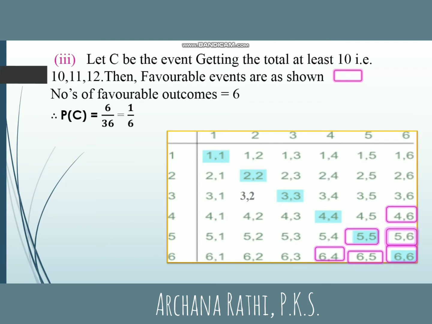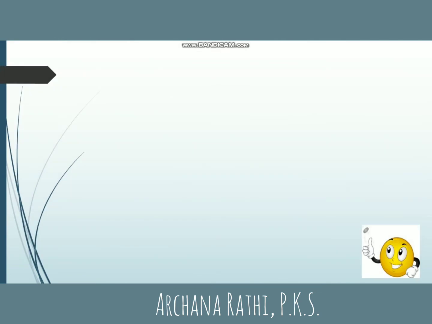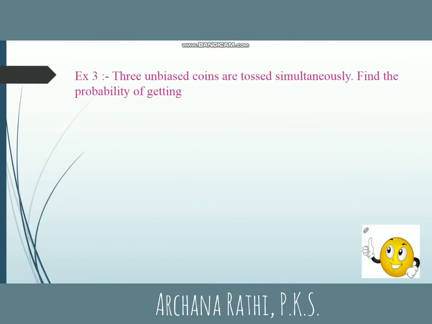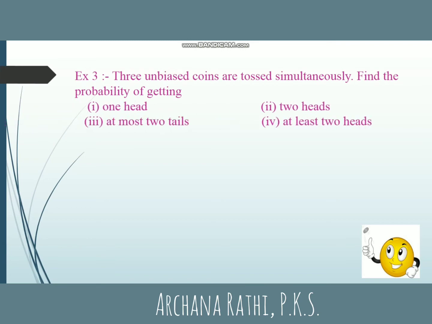Let us discuss another type of example. Now, coins. 3 unbiased coins are tossed simultaneously. Find the probability of getting 1 head, 2 heads. These are quite easy examples. And another is at most 2 tails, and the last is at least 2 heads.